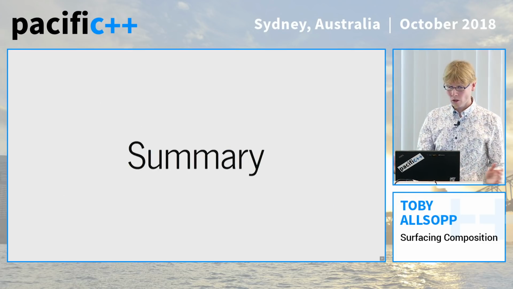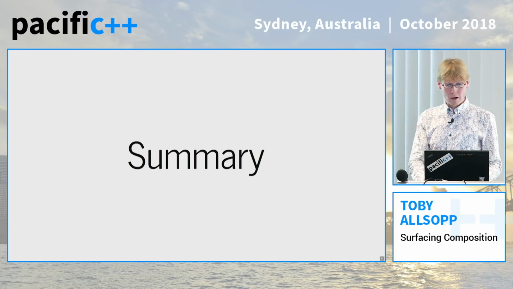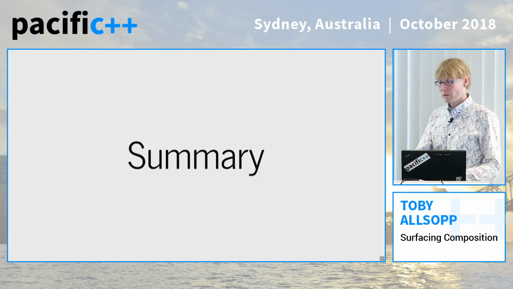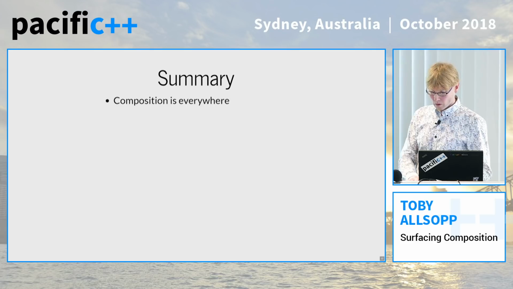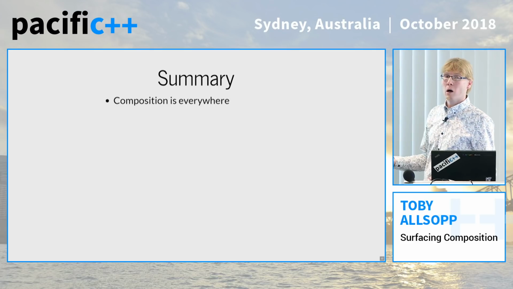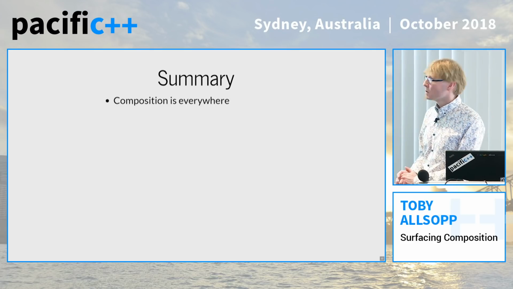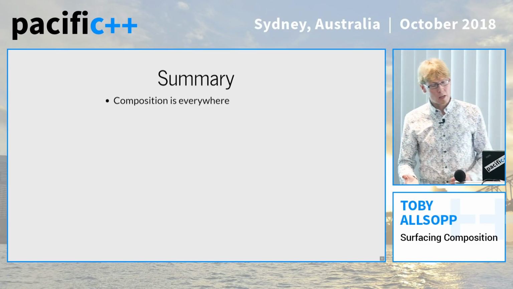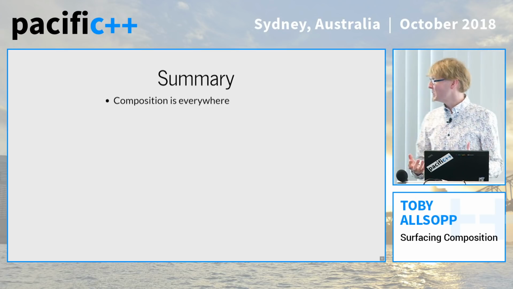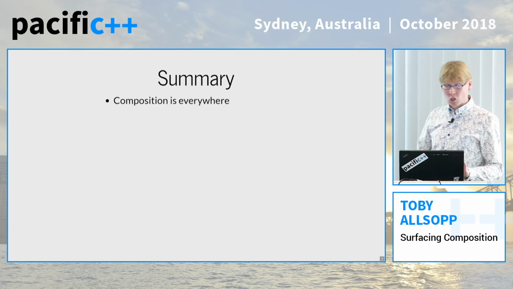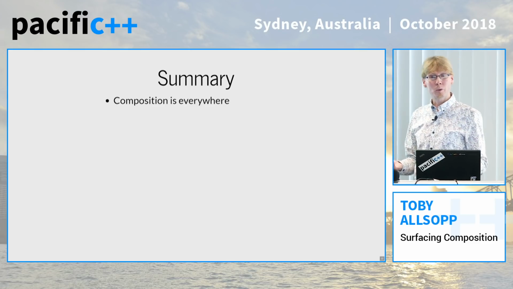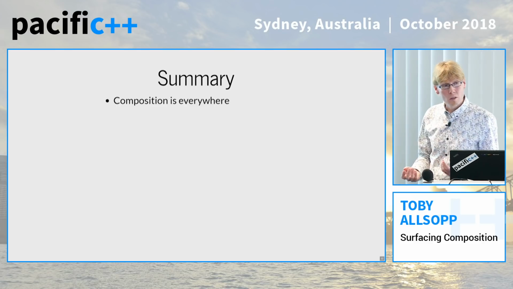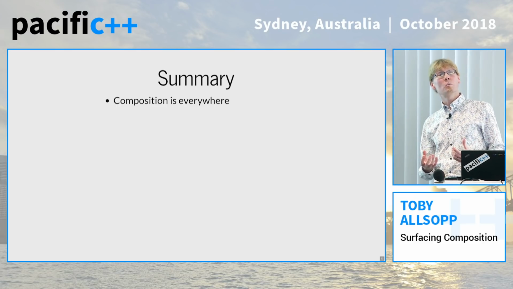Cool. All right. So to wrap up, and then I'll ask for more questions afterwards. What I'm hoping that you will take away from this talk is that composition, in the general sense that I've been using, is everywhere. We use it when we write our programs. We compose expressions together to make more complicated expressions.